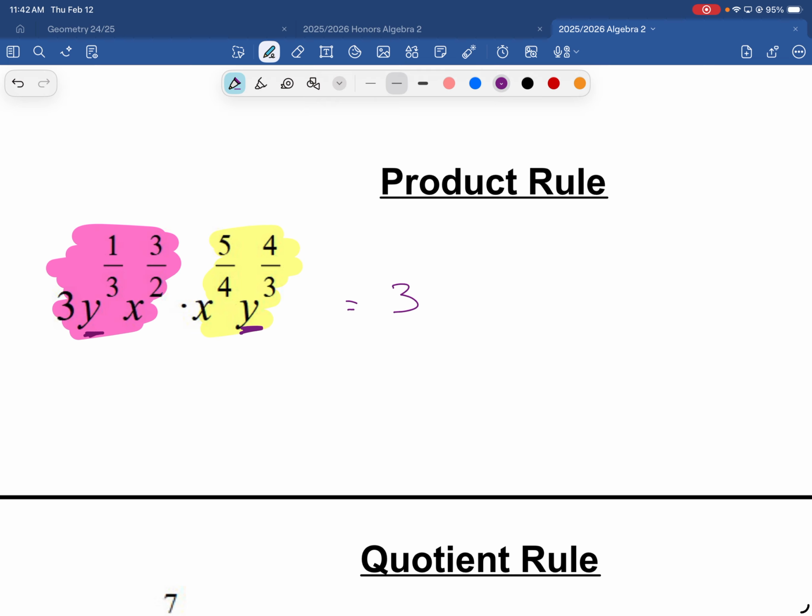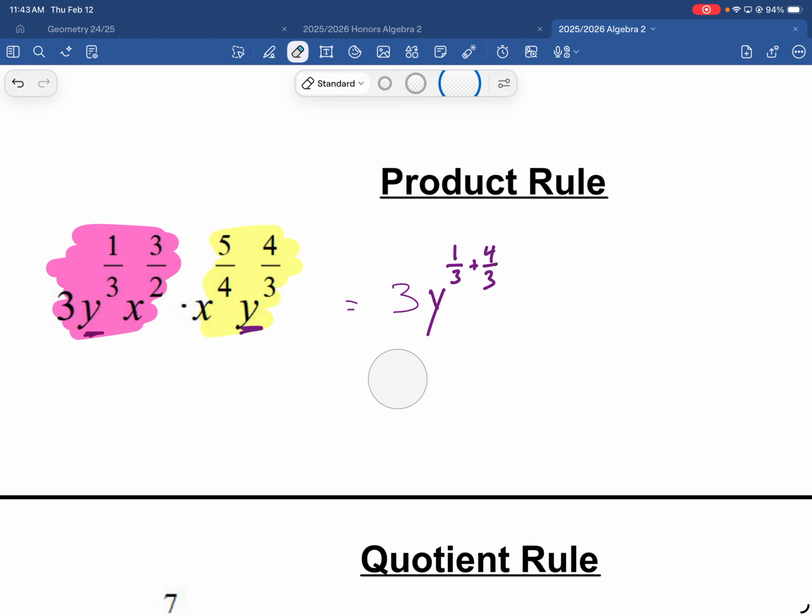When we multiply, the base remains the same. The base is just going to be y. Now we take the exponents of that base and we add them together. The exponent of the one in the pink is 1/3. The exponent of the one in the yellow is 4/3.